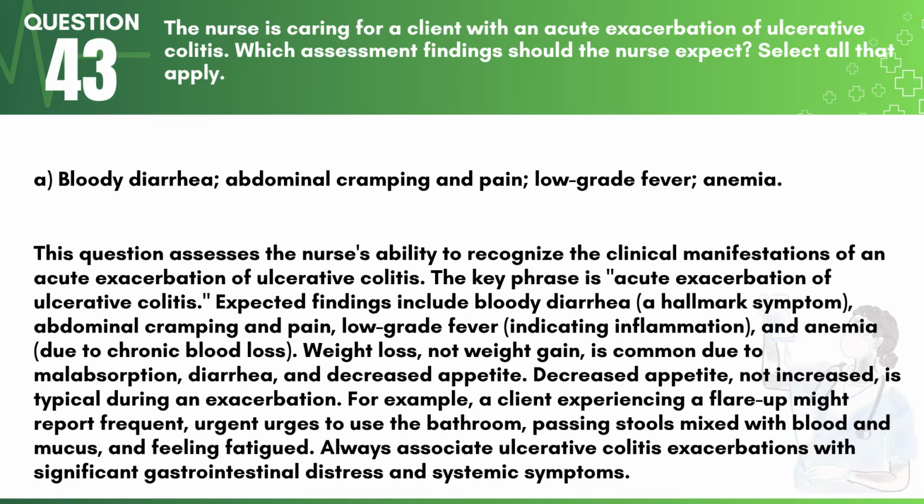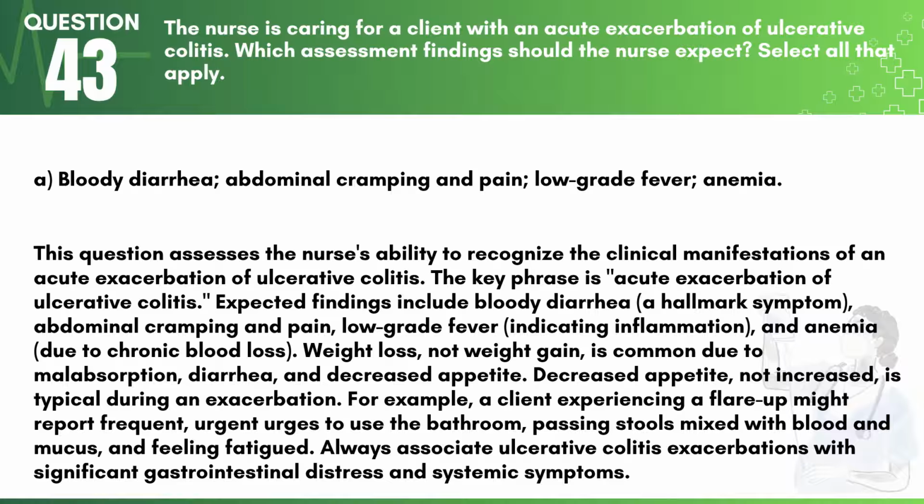This question assesses the nurse's ability to recognize the clinical manifestations of an acute exacerbation of ulcerative colitis. The key phrase is acute exacerbation of ulcerative colitis. Expected findings include bloody diarrhea, a hallmark symptom, abdominal cramping and pain, low-grade fever, indicating inflammation, and anemia due to chronic blood loss.